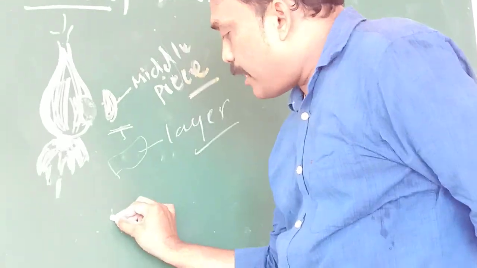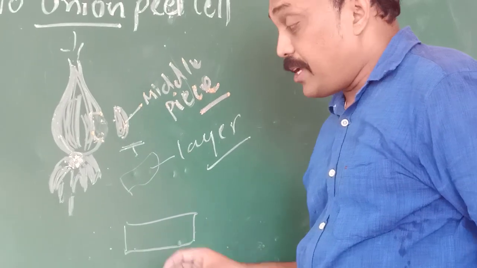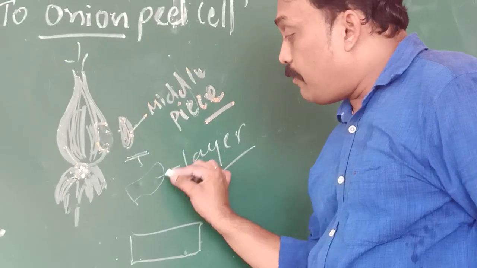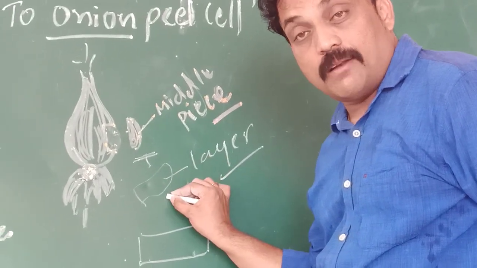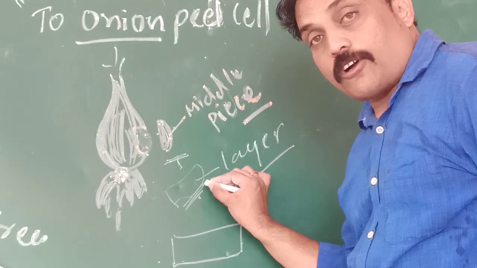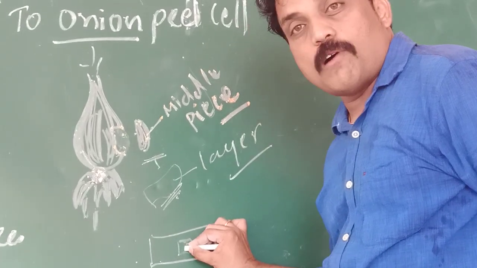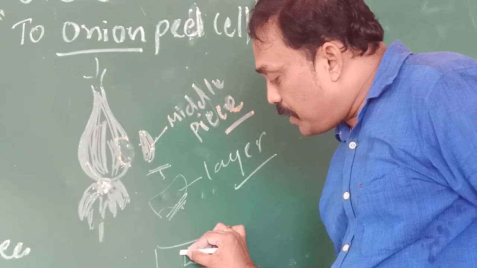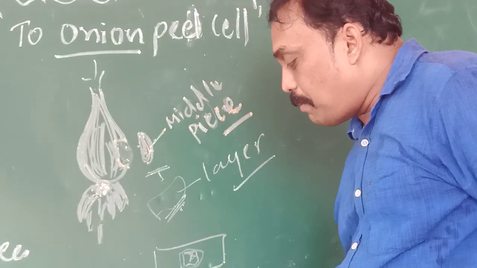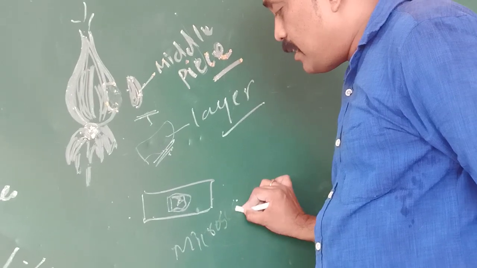Now what do you have to do? Take one slide, which you have already seen. Whatever onion peel layer you collected, keep it on the slide. Pour one drop of glycerin, cover with a cover slip and keep it under the microscope.